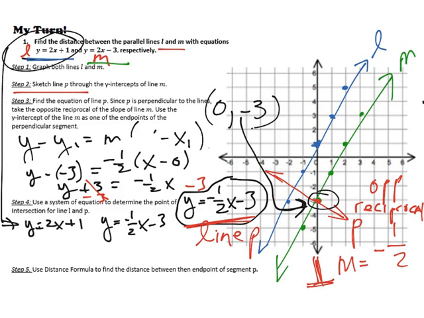So on step 4, we're going to use a system of equations. This is something you learned last year, where basically you're setting two equations equal to each other, okay? Those equations being, of course, y equals 2x plus 1, or line L, and y equals -1/2 x minus 3, or line P. So let's make them equal to each other. Okay, so now I'm solving.